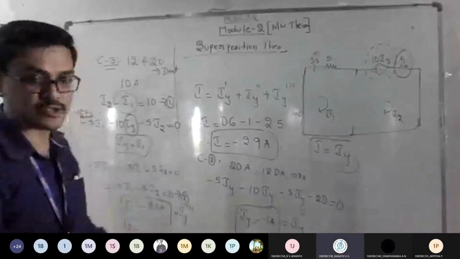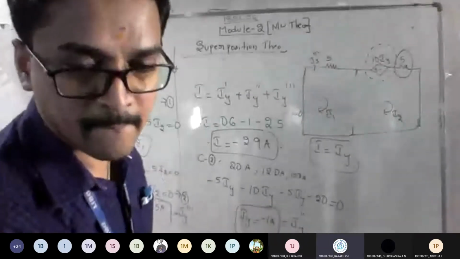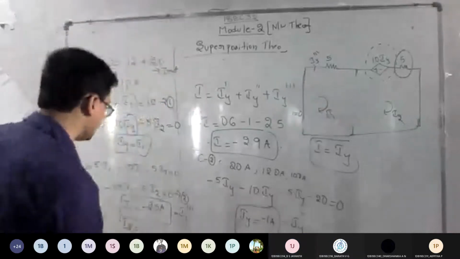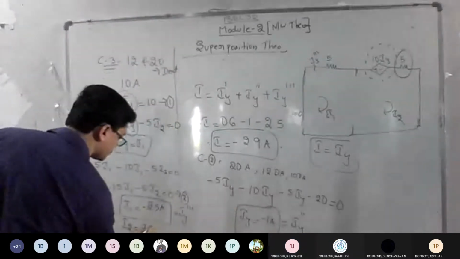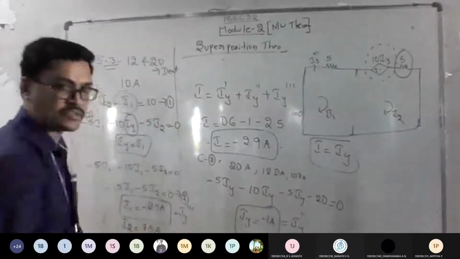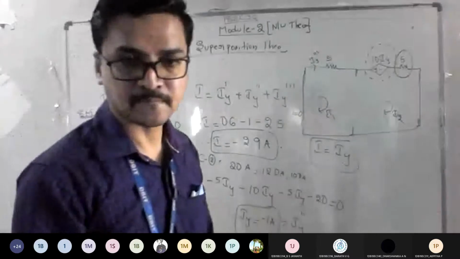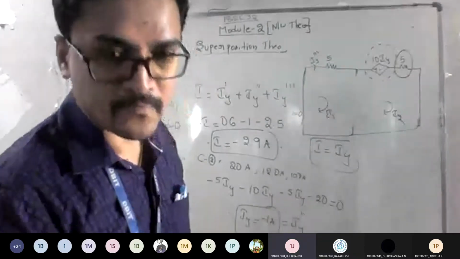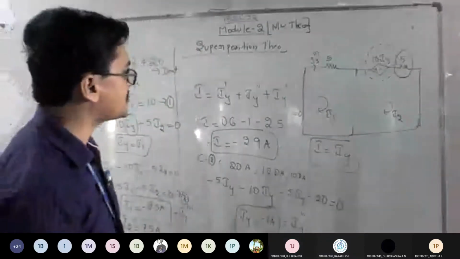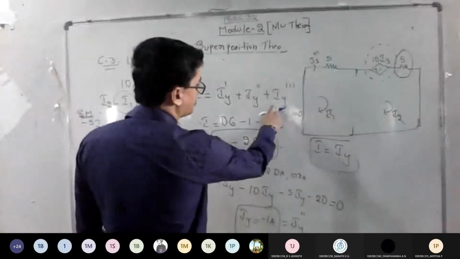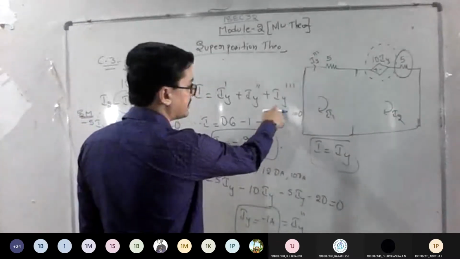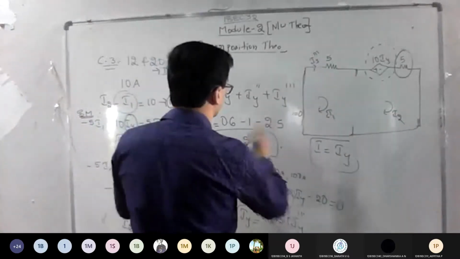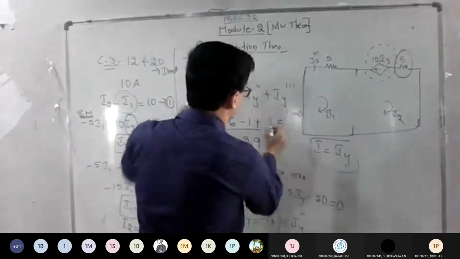I2, how much you got? 7.5, sir. Positive or negative? Positive, sir. Okay. So the only change you should make now is, in place of this Iy triple dash, you just need to substitute plus 7.5.